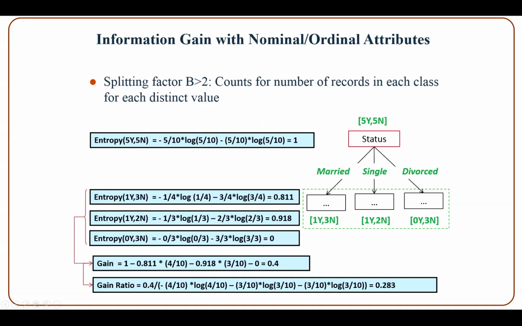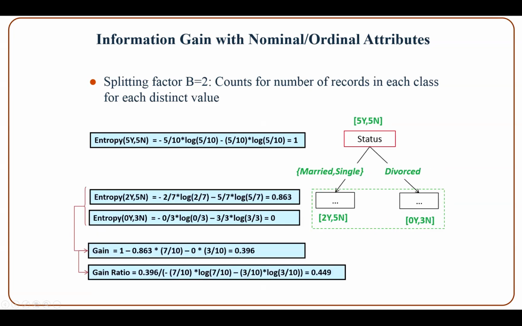The number of branches is equal to the number of distinct values, and then follow the same procedure to calculate the entropy before the split, after the split, and from there calculate the gain and the gain ratio.